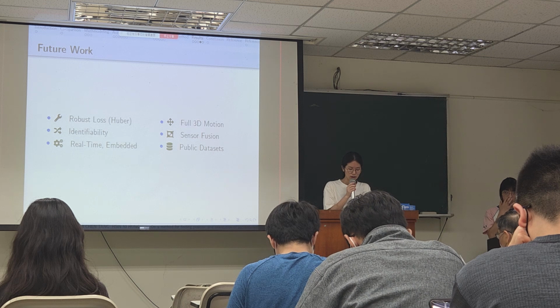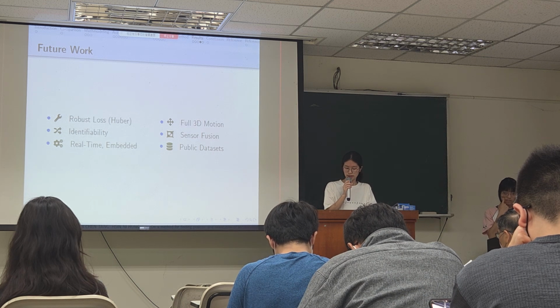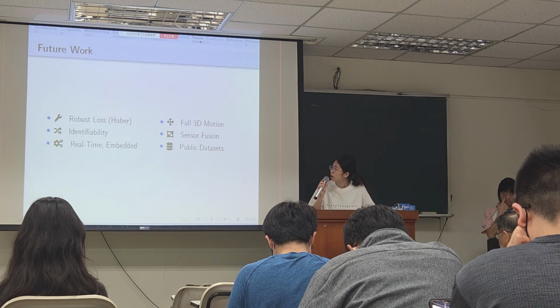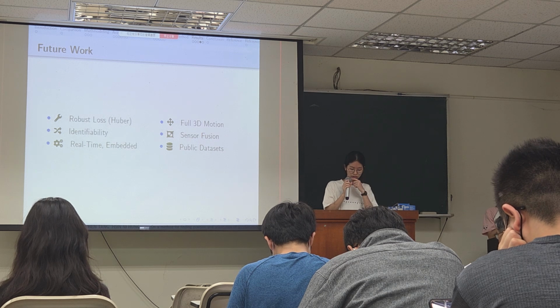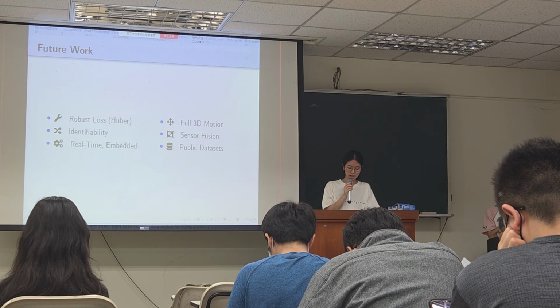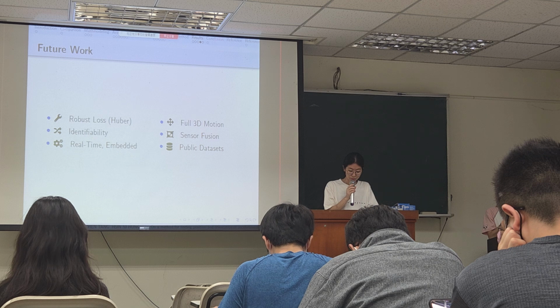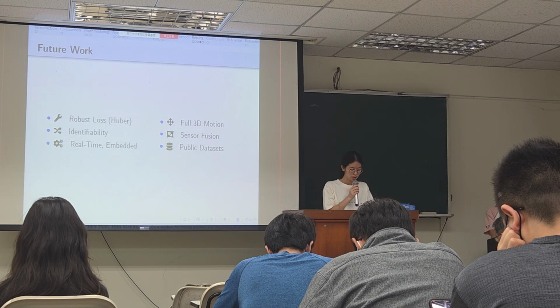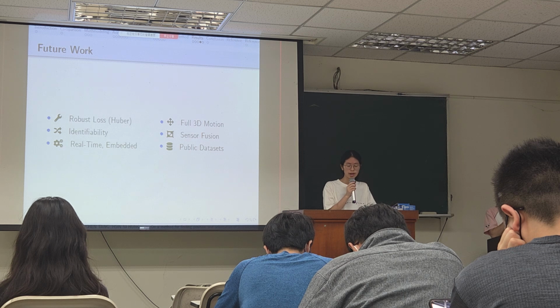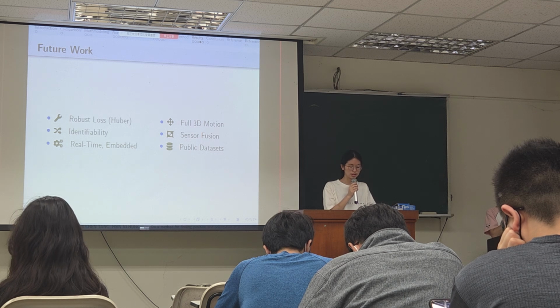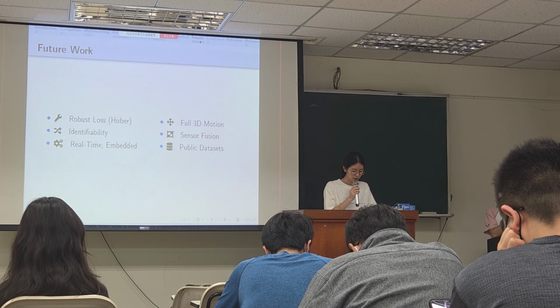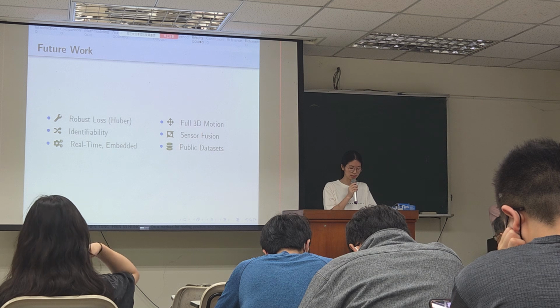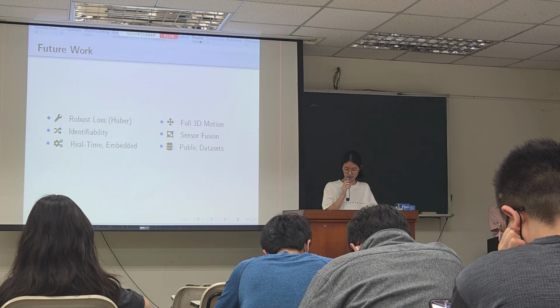To address this, a more robust alternative is the Huber loss function. It behaves like L2 for small residuals, but switches to the L1 norm for larger residuals, making it less sensitive to outliers. Future work will involve comparing these loss functions and their effect on estimation robustness.